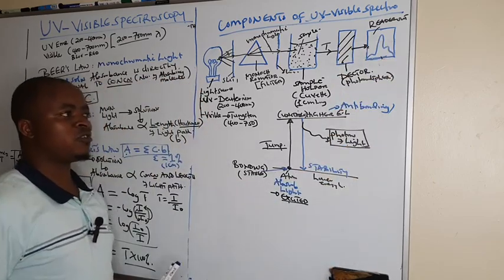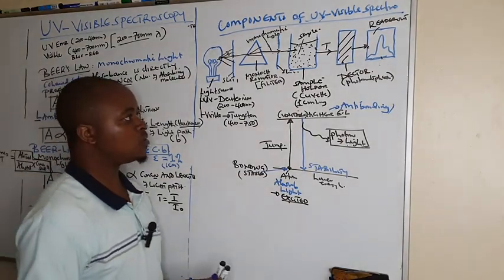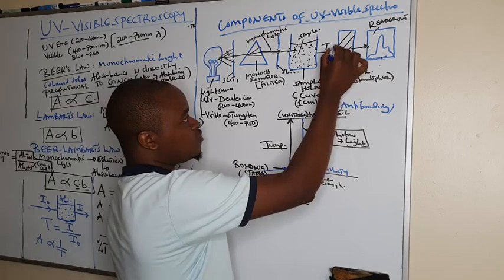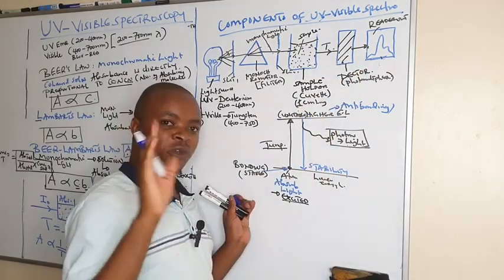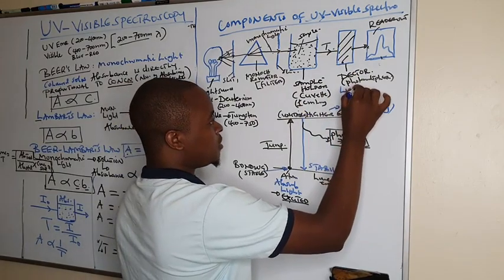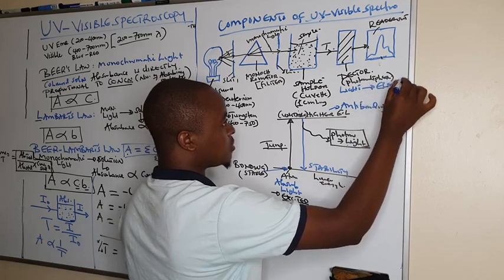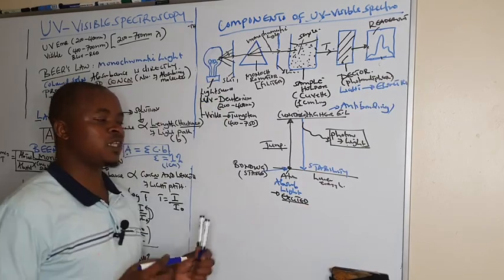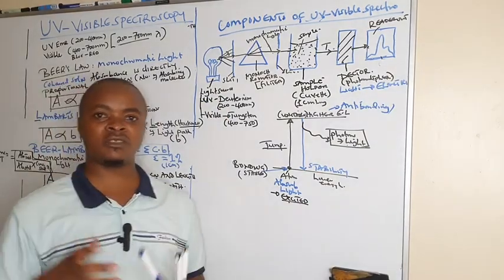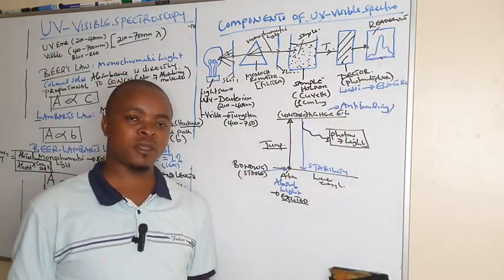But what is the function of the photodetector? Its role is that when the transmitted light strikes the photodetector, the light energy is converted to electric energy, which can display signals on the galvanometer.